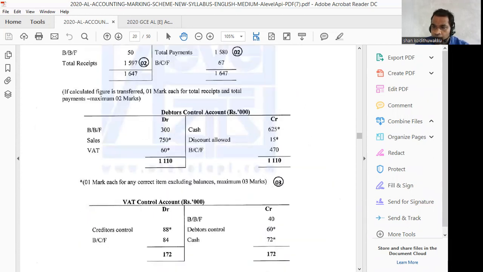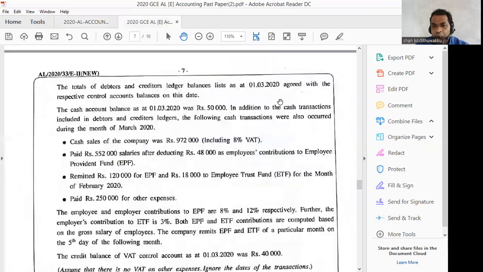Then, EPF should be paid by both employee and employer. Here they have deducted 48,000, it is equal to 8% from employee salary. But normally 12% from gross salary should be paid again as an additional expense by the owner or employer.